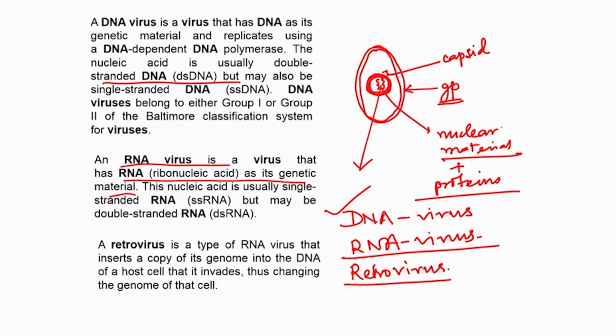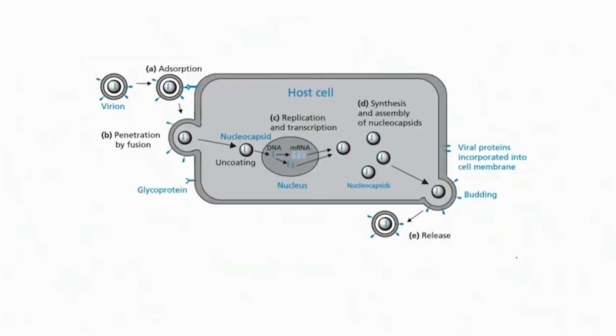This is the genetic material, without which the virus will not be able to do anything. If the genetic material is DNA, that is a DNA virus, if it is RNA, then it is an RNA virus, and in a retrovirus the genetic material is also RNA, but I will explain the difference between an RNA virus and a retrovirus in my next slide.